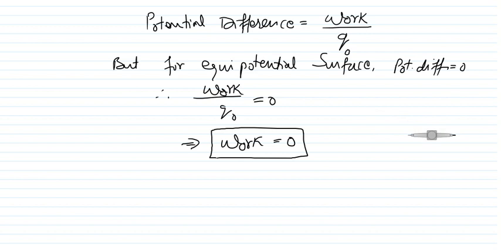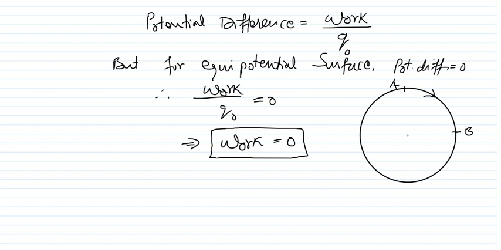Suppose this is the surface, and on this we have two points, A and B. Sometimes the question is asked that any charge, say Q naught, is moved from A to B, and this is the center of the sphere, a circle where the charge Q is placed. Now the charge is moved from A to B, then what is the work done? The answer will be 0.